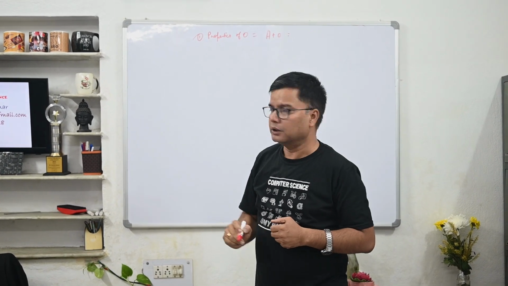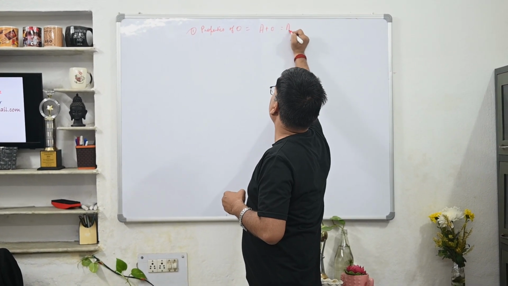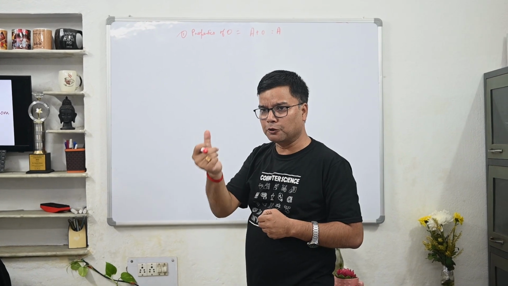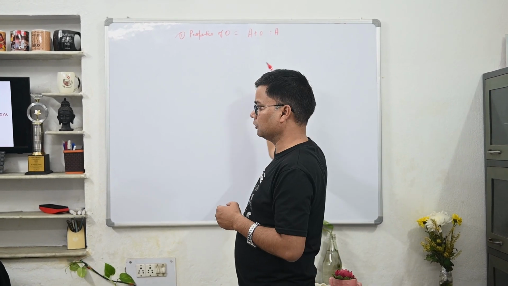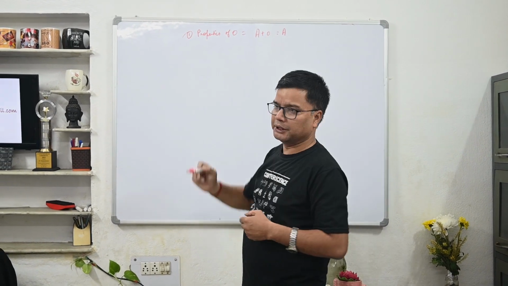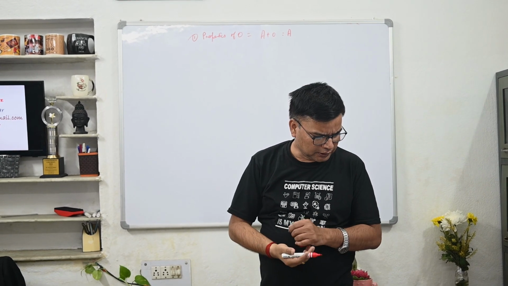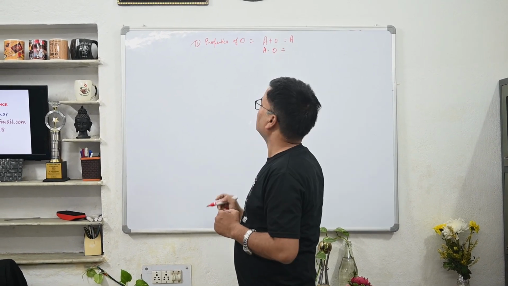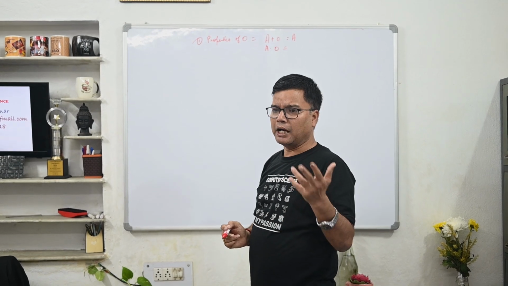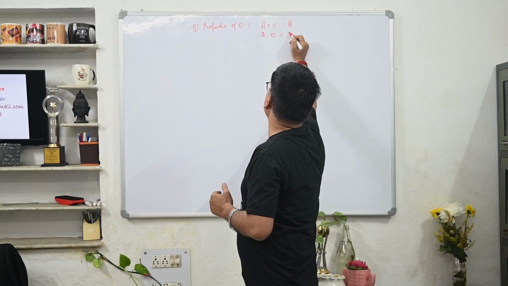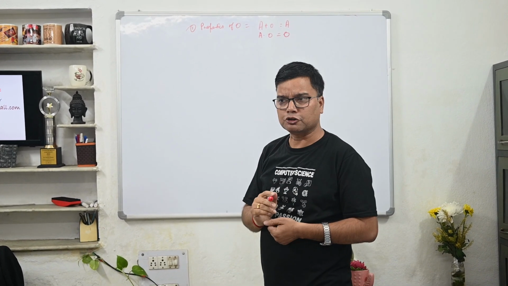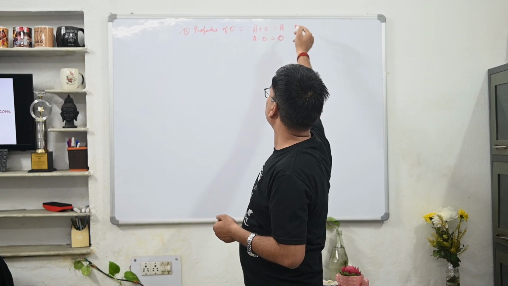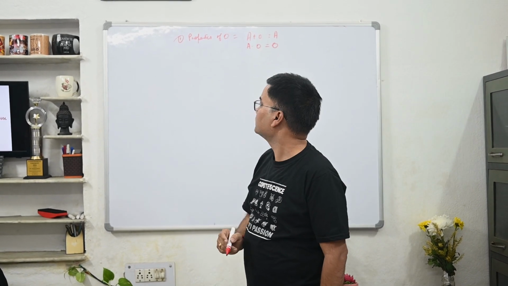Properties of 0: we have A plus 0. A plus 0 is always A. Like if you have 0 plus 0, it results in 0. If you have 1 plus 0, it results in 1. Then we can have A dot 0. 0 dot 0 is 0 and 1 dot 0 is 0 again. So we have these two properties of 0: A plus 0 is A and A dot 0 is 0.